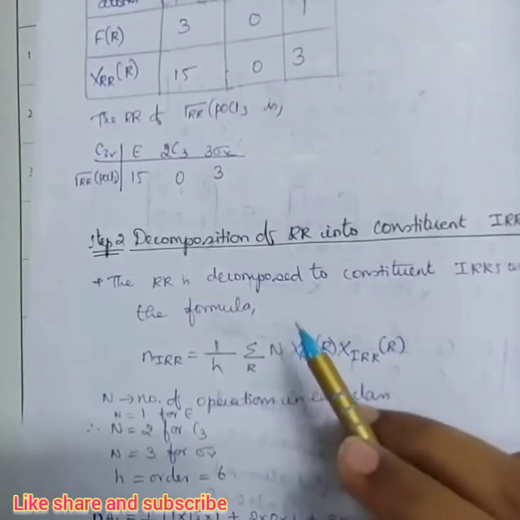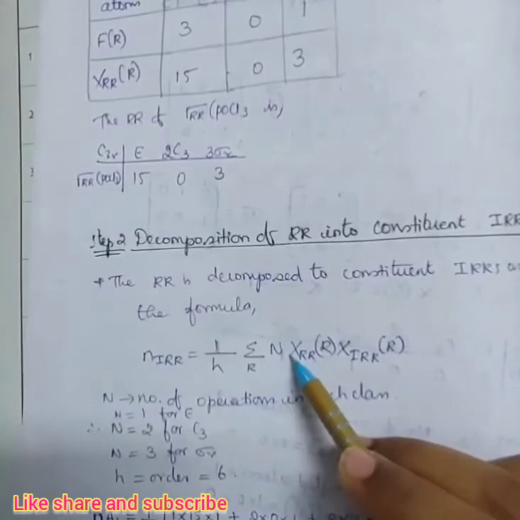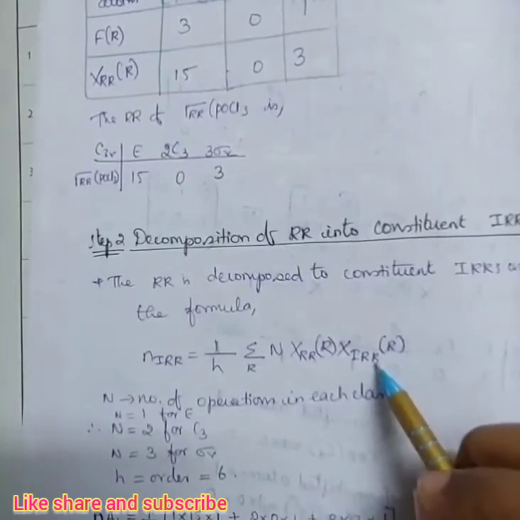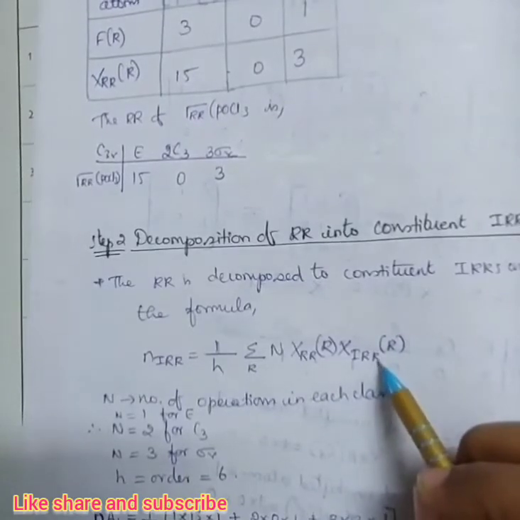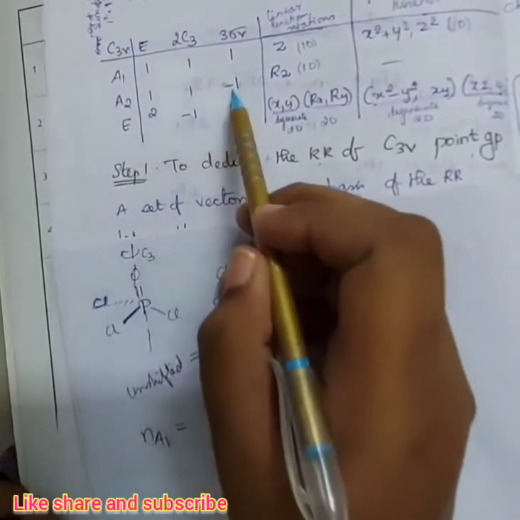So in the case of C3 there are 2 operations, so we have to multiply with 2, and in the case of sigma V there are 3 operations, so we have to multiply by 3. Each row is an irreducible representation.